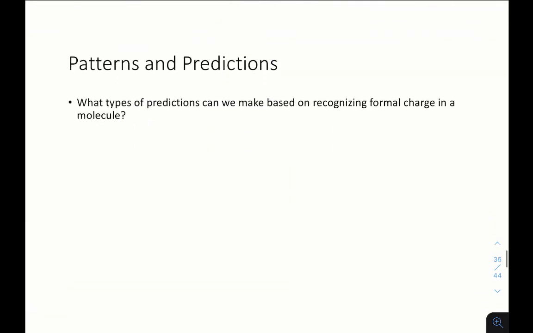Now that we can think about these patterns, what sorts of predictions can we make? So when we see a positive formal charge in a molecule, what do you think that molecule will do? Or what will the atom do that has that positive formal charge? I'm abbreviating formal charge as FC, not football club, formal charge.